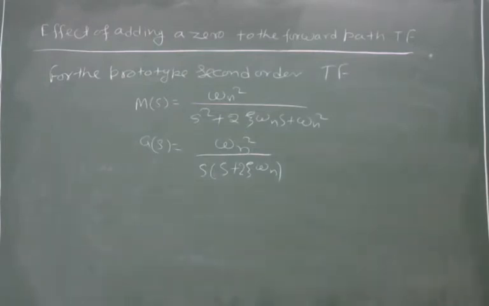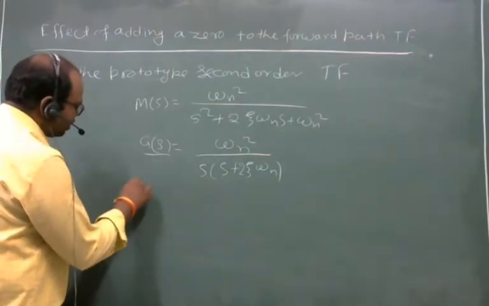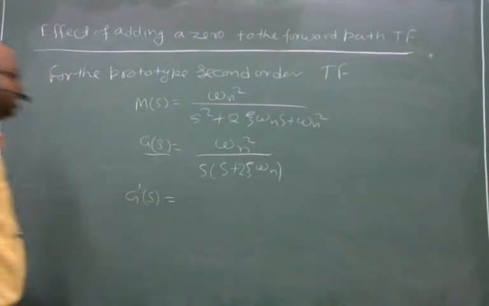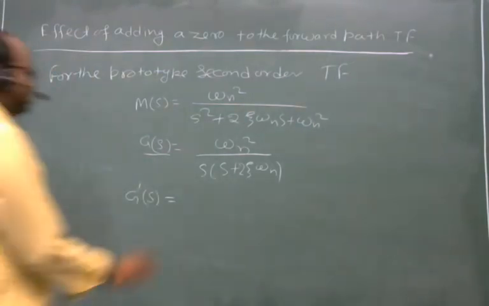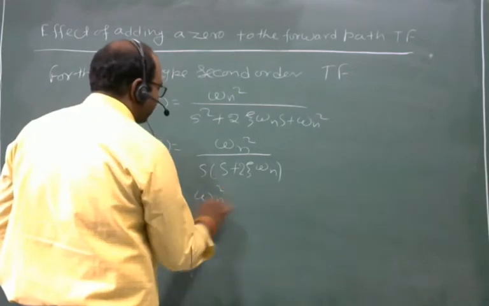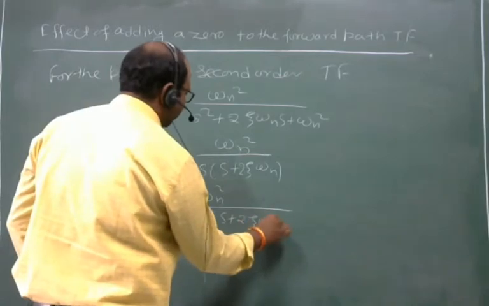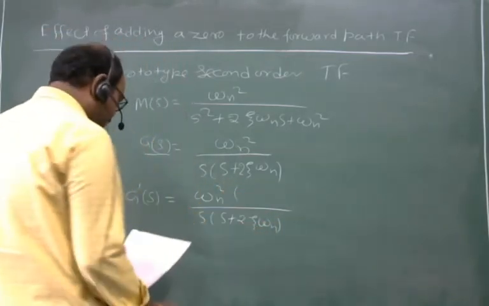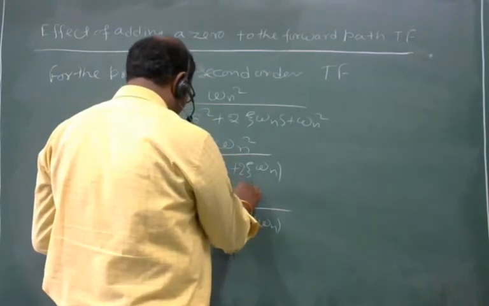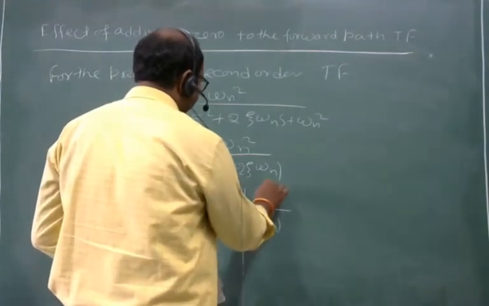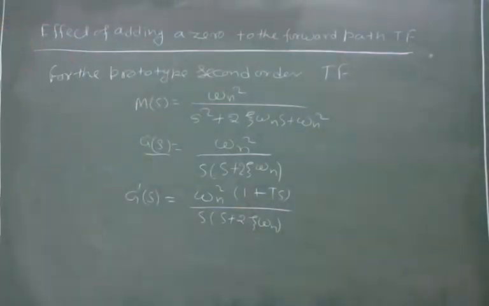And if I add a 0 to this forward path transfer function, then this G(s) will change to G dash(s), and it can be written as omega n square divided by s times (s plus 2 zeta omega n), multiplied by (1 plus Ts).